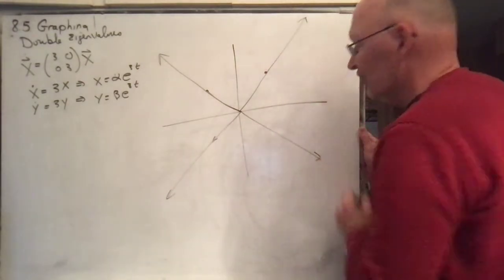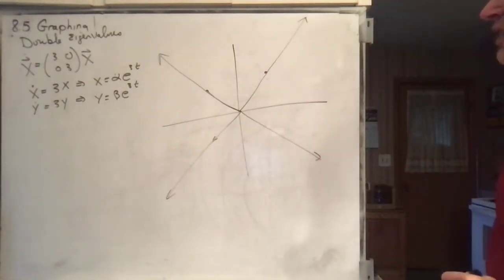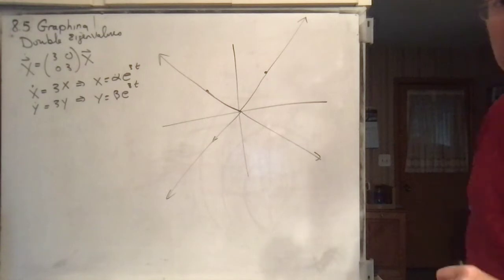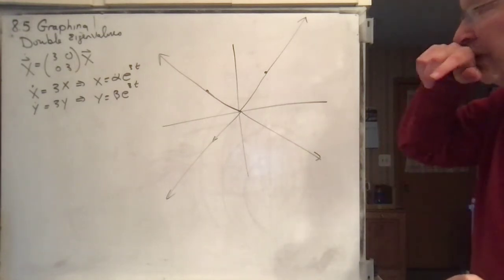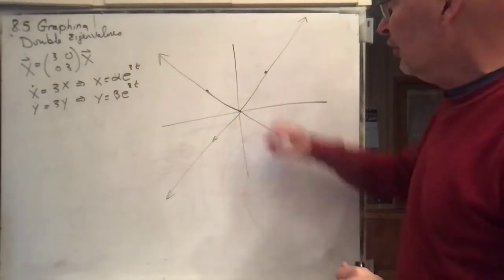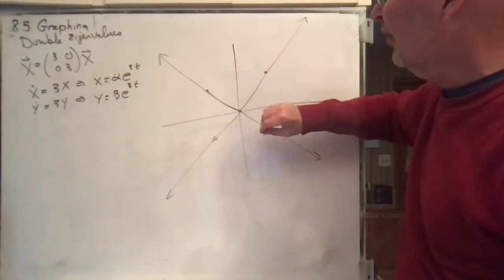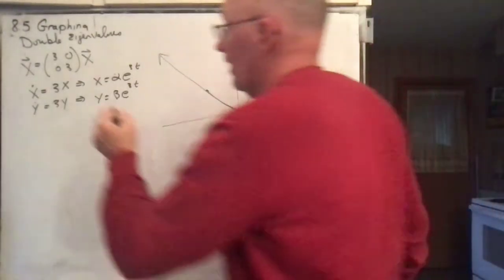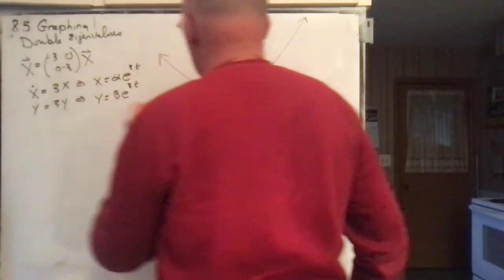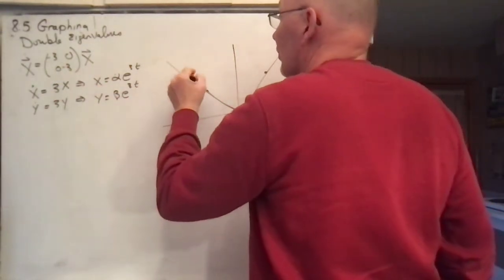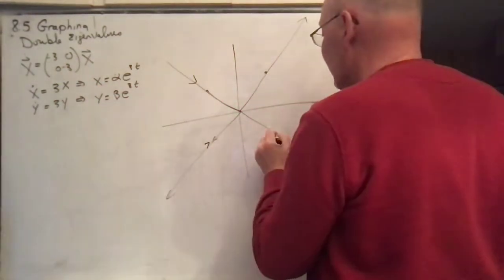So it's called a star. It just radiates out from the center. Okay, so that's another kind of behavior, and that's called a repelling star. And you can probably guess that if you had negatives there instead, then these arrows would be coming this way, and so that would be an attracting star.